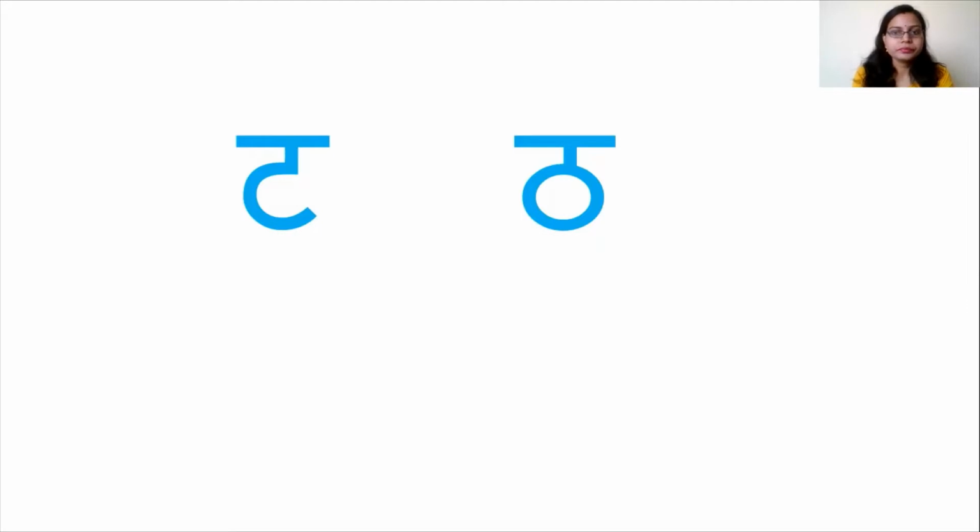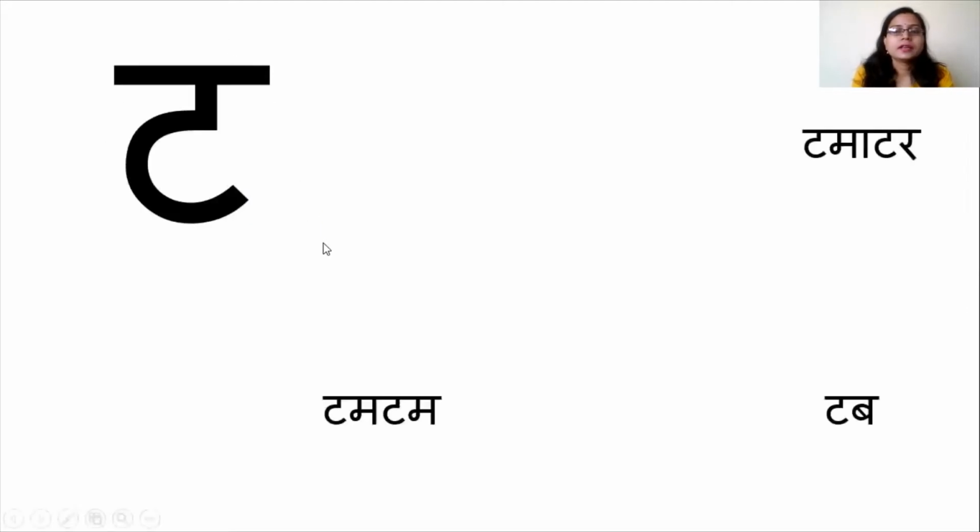Okay, so let us see how to write the letter T first. To write this letter, it is very easy, children. You have to start with a small standing line, and then you have to write C like this. And then cover it on the top.